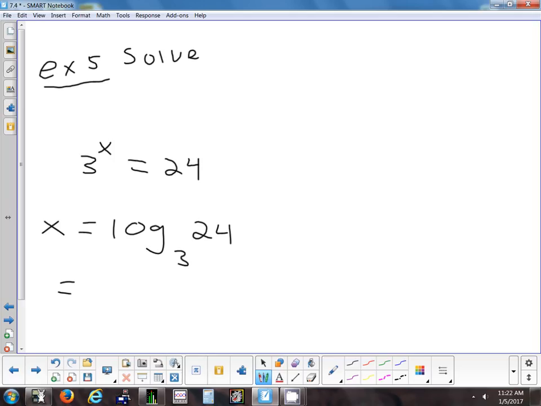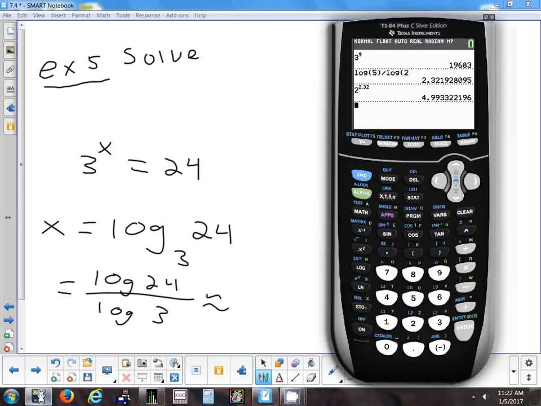Okay, so now you're going to type that in exactly the same way that Kyle told us to do the last one. Log 24 on top, log 3 on the bottom. Don't try to simplify and say 24 divided by 3 is 8. You can't do anything like that at all. Just type it in.